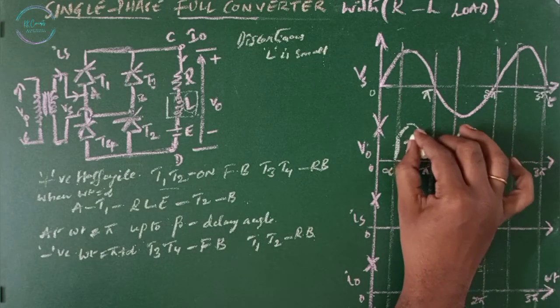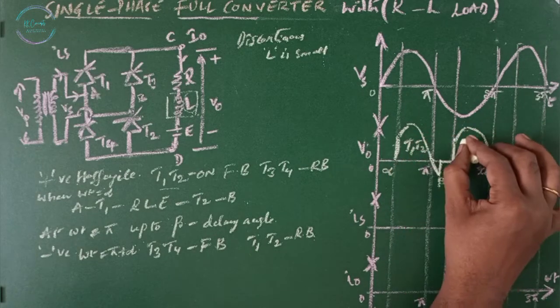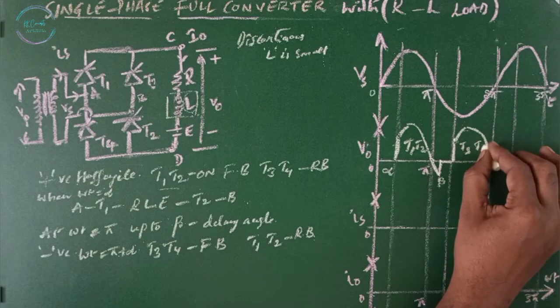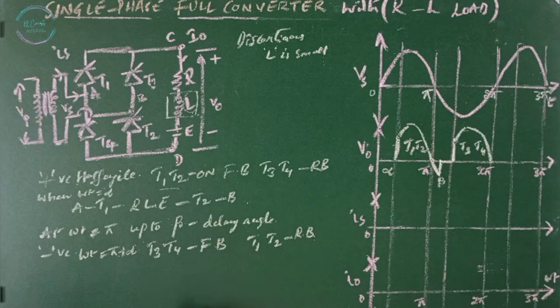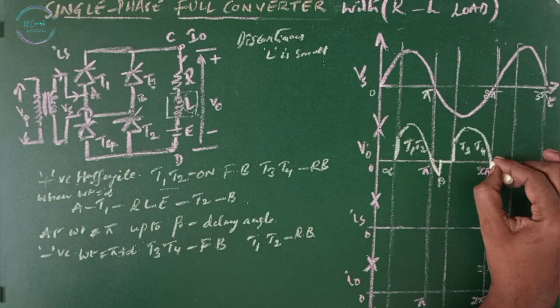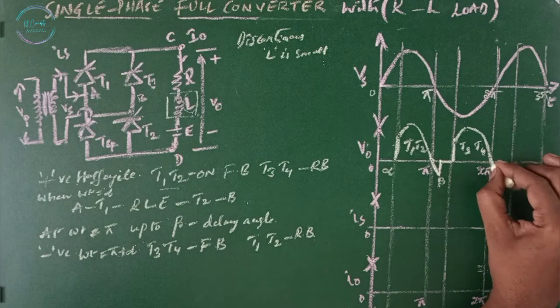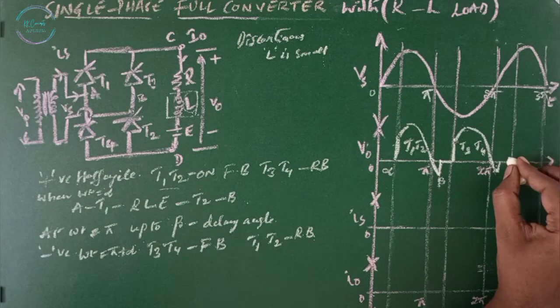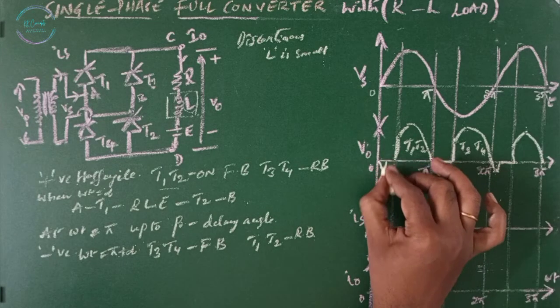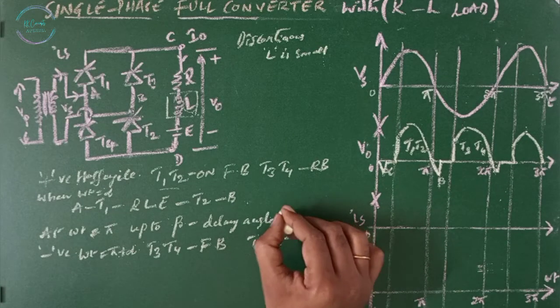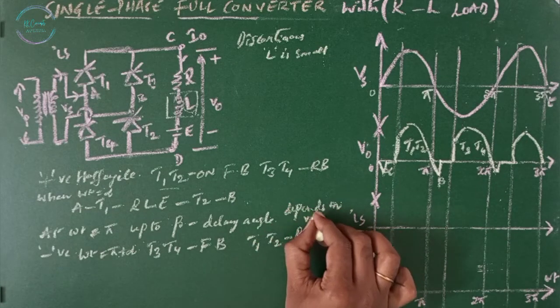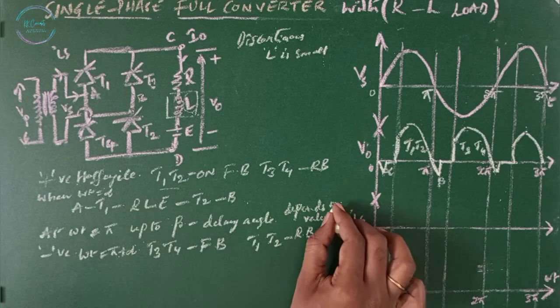This is the period where T1, T2 are on, and this is where T3 and T4 are on, and this negative spike is due to the inductor. Then a similar thing is going to happen even after 2 pi. Due to the inductor, a negative peak is going to appear across the output. Here also we can say that there is a negative peak. This delay angle beta is going to depend on the value of inductor L.